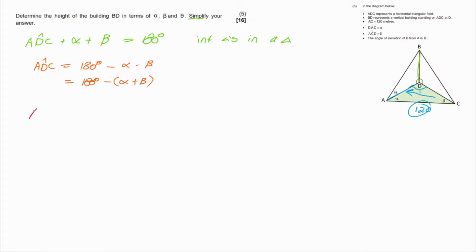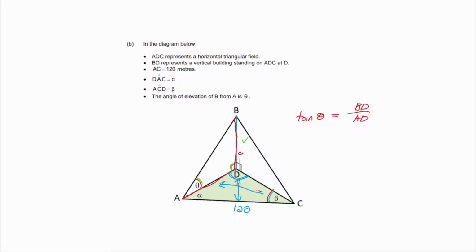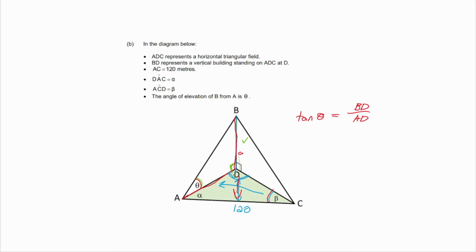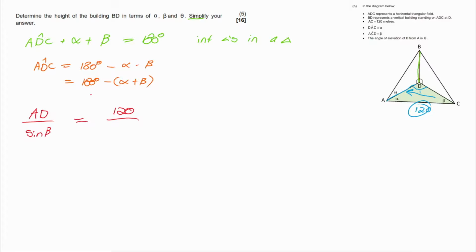AD over sine beta is going to be equal to 120 over sine of this angle, 180 degrees minus (alpha plus beta).